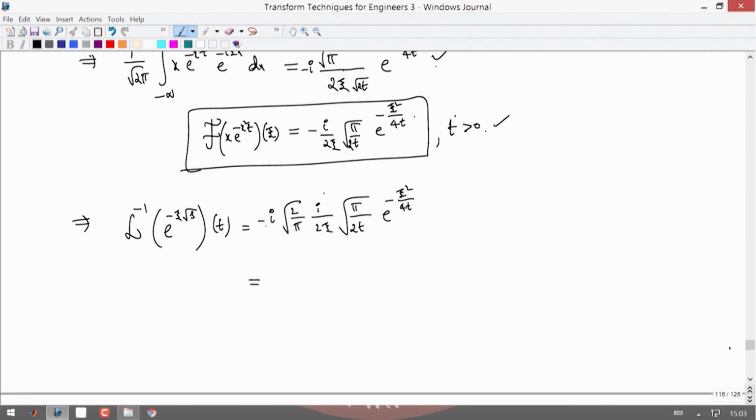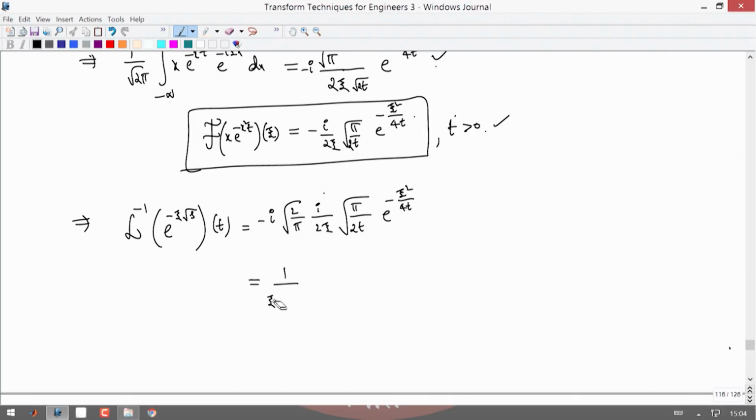If you simplify this, minus I and I become plus 1, root 2 goes here, and you have 1 by root pi. The pi comes out, and then root pi by 2 and root 2 pi go.